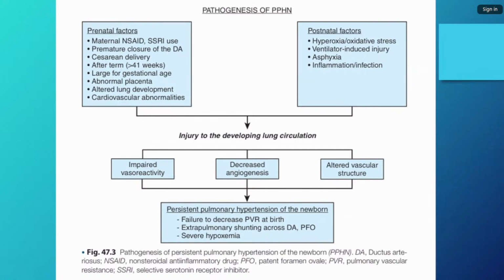This all leads to injury to the developing lung circulation, which leads to impaired vasoreactivity, increased angiogenesis, and altered vascular structure, which leads to PPHN, leading to failure to decrease the pulmonary vascular resistance at birth, extrapulmonary shunting across the ductus arteriosus or patent foramen ovale, and severe hypoxemia.